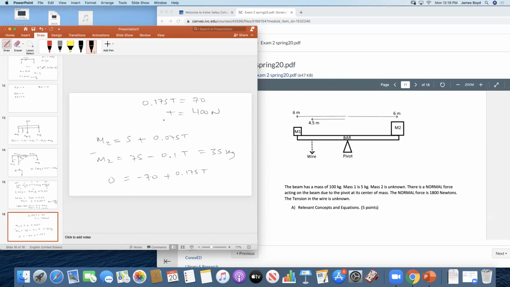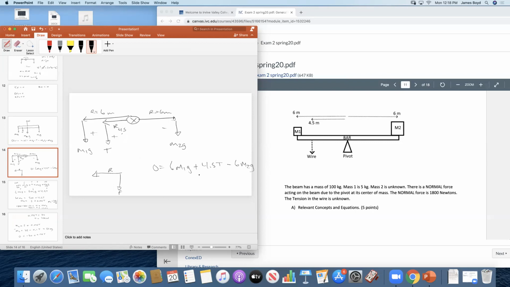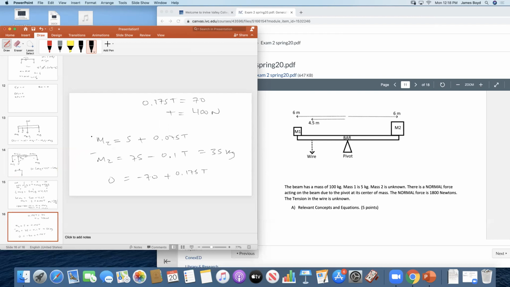That's the whole point of this. You set the forces equal to 0 in the X, in the Y. We didn't have any X forces. We set the torques equal to 0. And that gives us two equations that we can use to solve for the two unknowns. And at that point, you could do it by substitution. You could substitute for M2, 75 minus 0.1 t here, and then solve this whole equation for t.